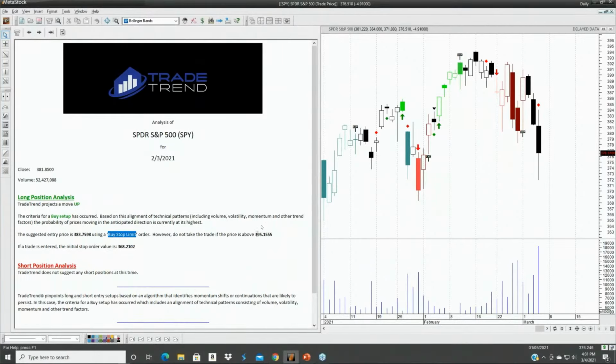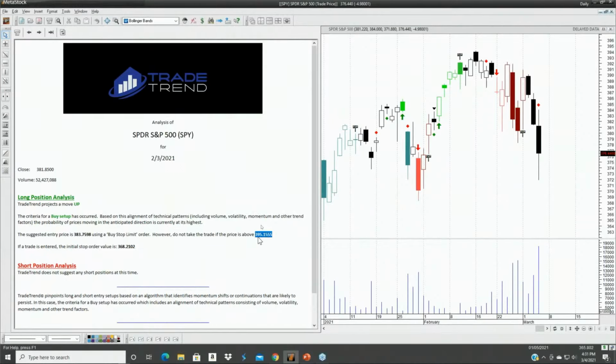And then if we do happen to get a gap the next day, which we actually did, we got a gap up, but we gapped a little bit below the high of the previous day. We were fine, but there is a protective function in the algorithm where if for some reason you get a huge gap up, like here was one back on February 2nd, we wouldn't probably take that trade.